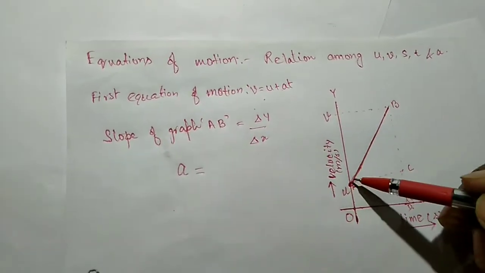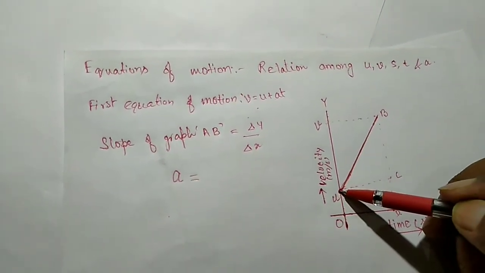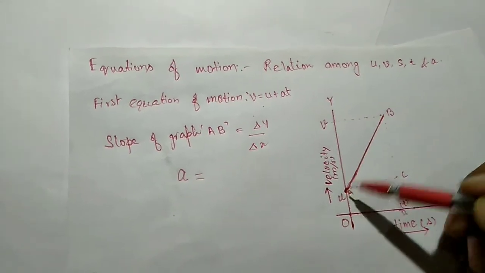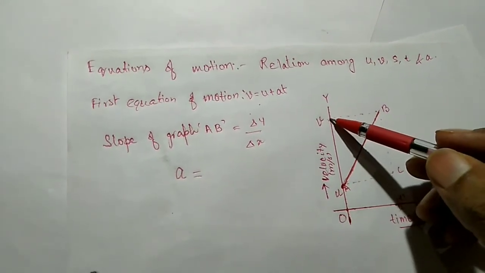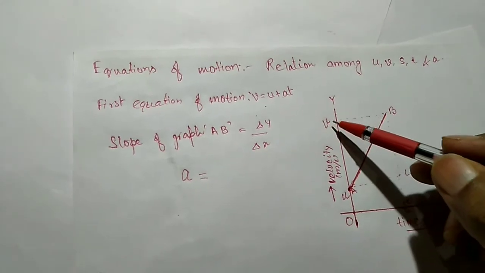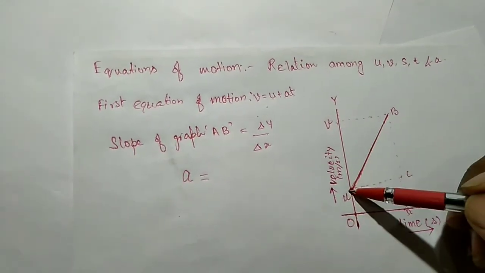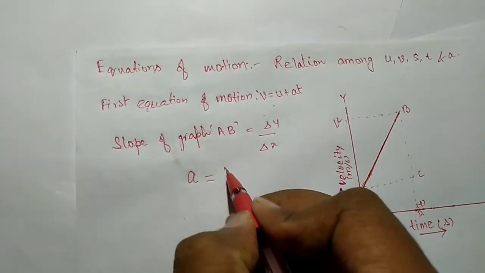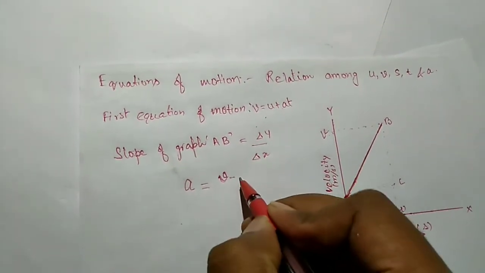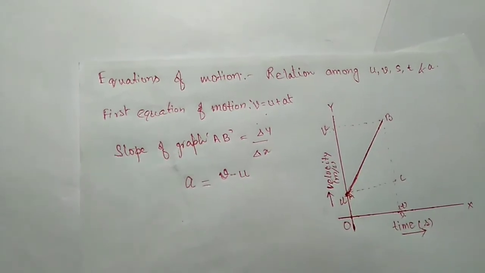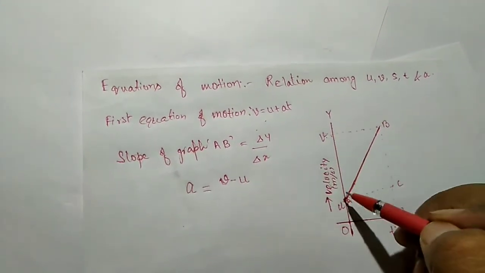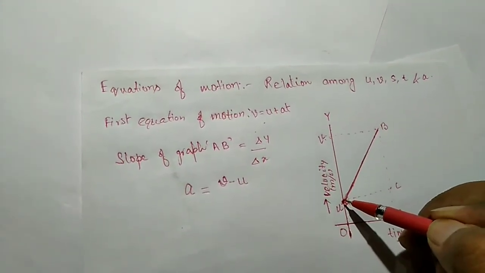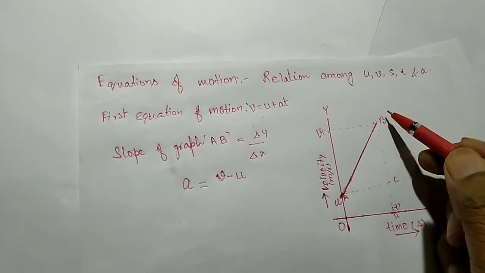Change on y-axis. So initially the value on the y-axis is u. Finally the value on the y-axis is v. So the change is v minus u, final minus initial, because this object is doing accelerated motion.